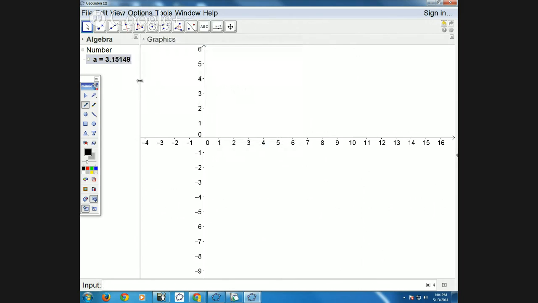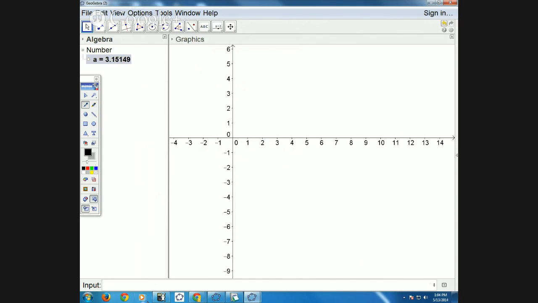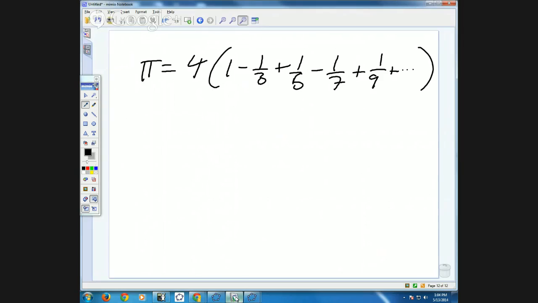We're doing the sum of the reciprocals of the odd numbers, alternating. There's a couple of ways to enter this. If you start n at 1, then you want -1 to the n minus 1 over 2n minus 1, times 4.